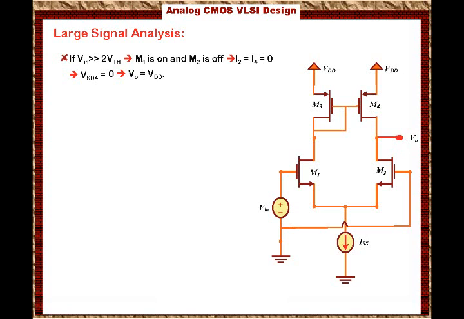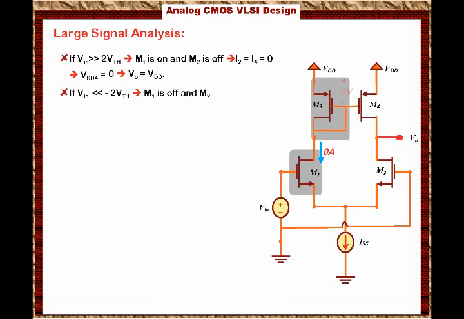Let's look at the other condition. What happens under the other condition? If Vn is less than twice the threshold voltage, then M1 is off and M2 is on. If M2 is on and M1 is off, then we know the following. Let's look at I3. Basically, we're saying that because the current through M1 is 0, then VGS3 is 0.